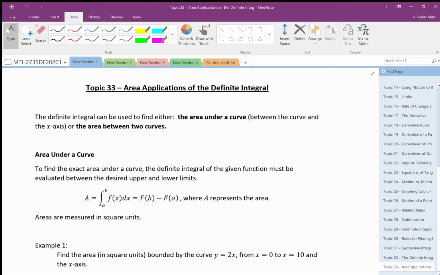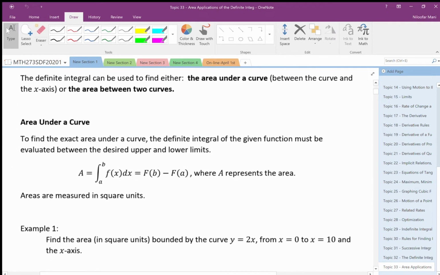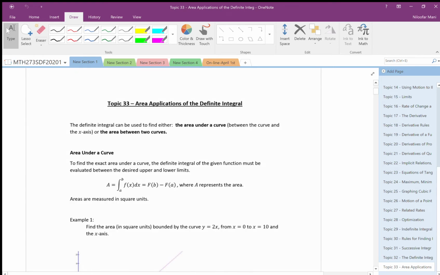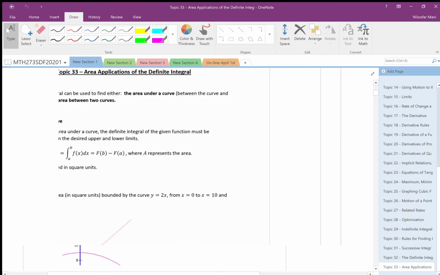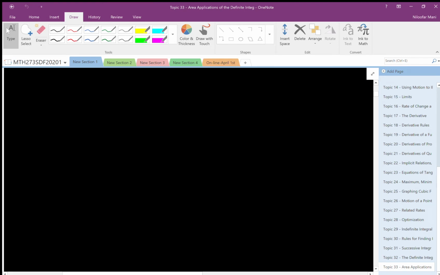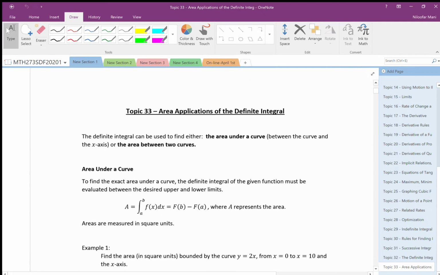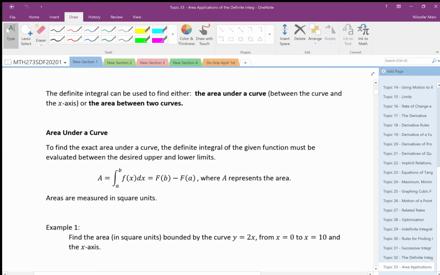So when I have the integral from a to b, I find the integral, then I substitute b, then I substitute a, and I find the difference, but this is the area under the curve.